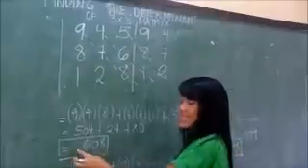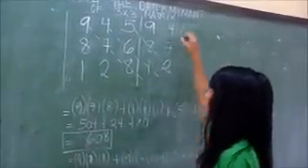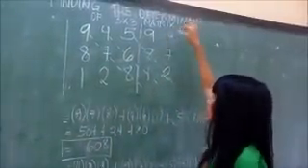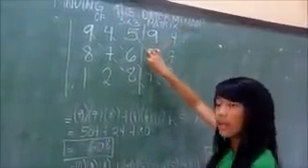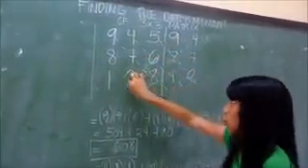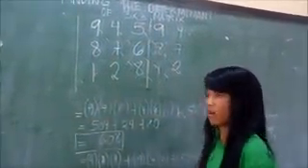The result is 608. Then, we will multiply again the elements toward the left side. Now, we have 4 times 8 times 8, 9 times 6 times 2, and 5 times 7 times 1.